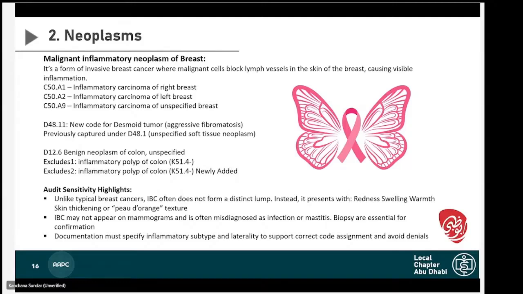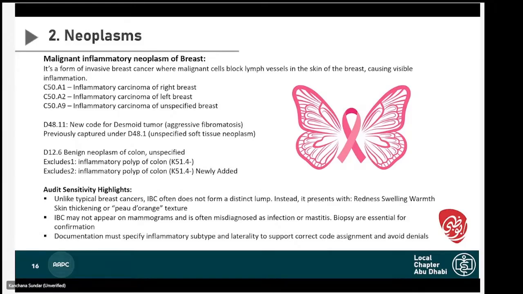And another important thing is that inflammatory carcinoma of the breast cannot be documented or cannot appear in the mammogram. So we have to check for the biopsies, confirmations when it comes to inflammatory carcinomas. So don't skip your pathology reports.